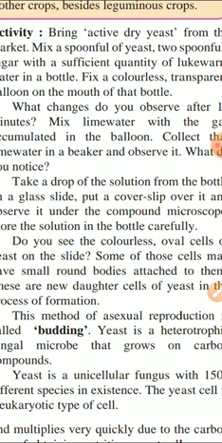These are just newly formed buds coming out from the yeast cell, and these newly formed buds are called daughter cells. This method of asexual reproduction is called budding.